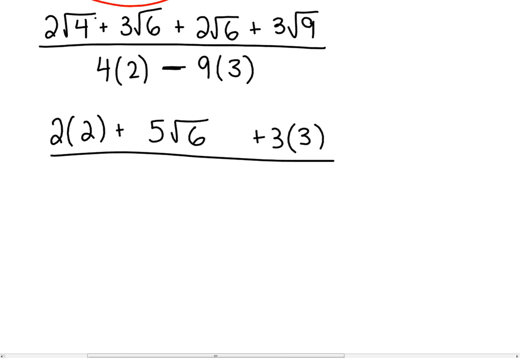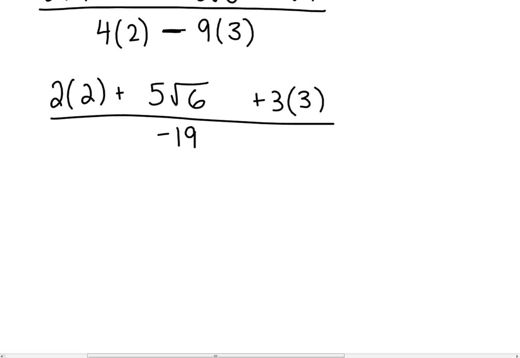And then denominator, 4 times 2 is 8 minus, that's 8 minus 27. What's 8 minus 27? Negative 19. That's an issue. We can fix that issue later. Okay, 4 plus 9, 13.